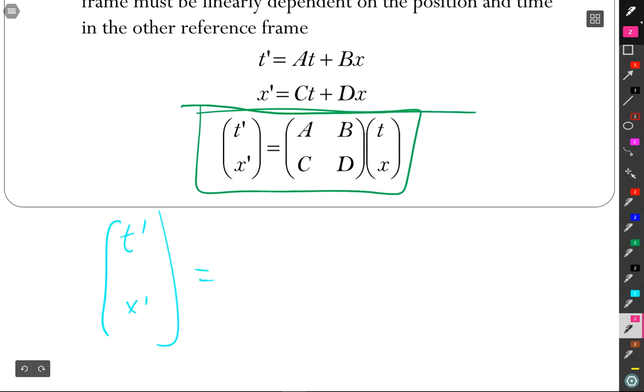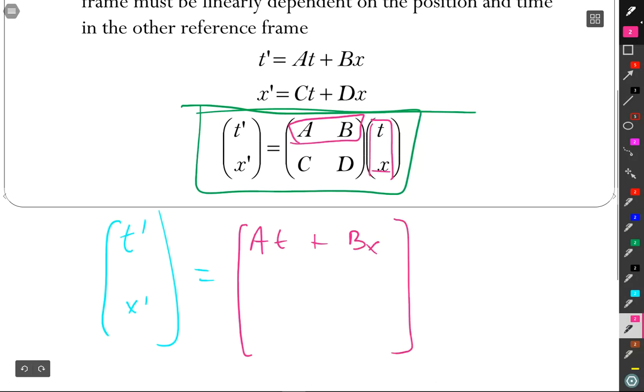This will be harsh. So I take a row times a column, right? That's what I said. So I'll take row 1 times column 1, and that's going to be AT plus bx. Now I'll take row 2 times, again, there's only one column.